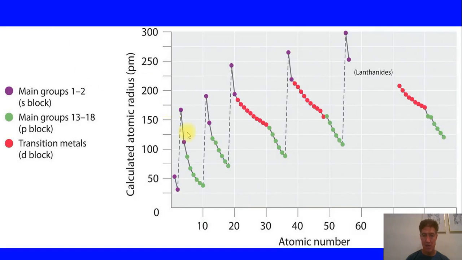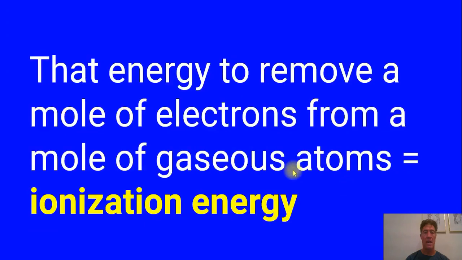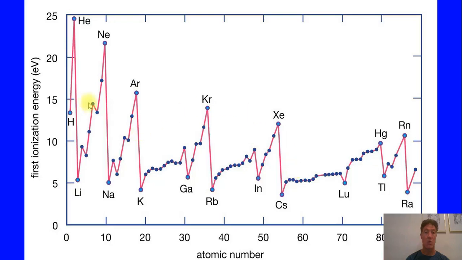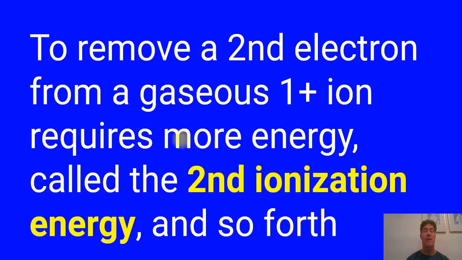The radius goes down, and ionization energy is going to go up, start over, up, up, up, start over, up, up, up, and so on. It's because as the size goes down as we go left to right, the energy it takes to extract electrons is going to proportionally go up. That makes sense.